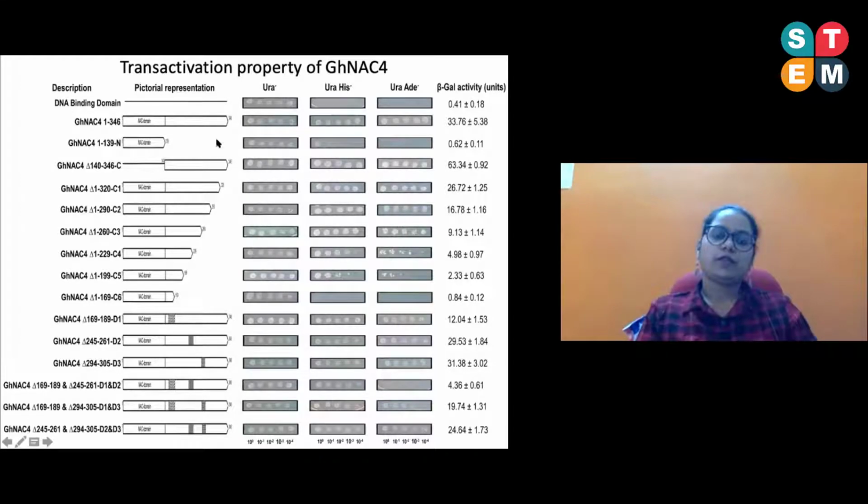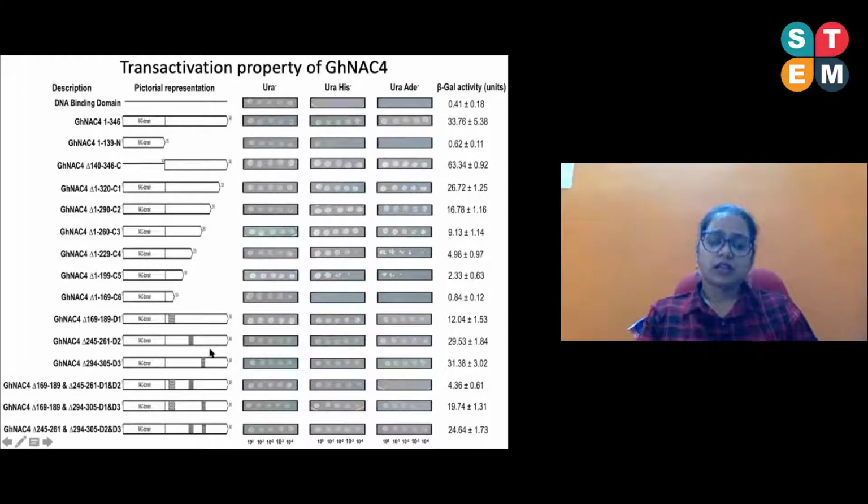So we see here that the full-length protein was able to show very high levels of transactivation, while the N-terminal domain could not grow at all. The C-terminal domain also had a very high level of transactivation activity.